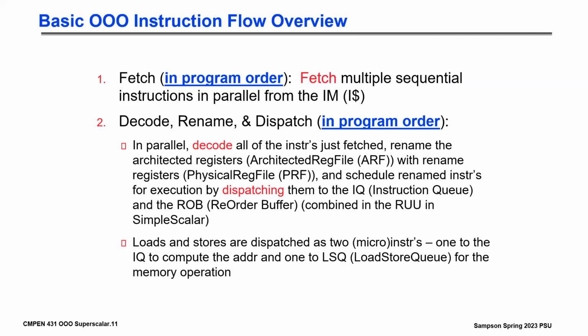The job of dispatch is to move things from the in-order front end of the machine into the dataflow execution engine of the machine. So dispatch allocates space in all of the out-of-order structures, and does so in a way that encodes and maintains the program order from the in-order side, so that it can persist across the out-of-order side and be recovered at the end when we come back to commit.